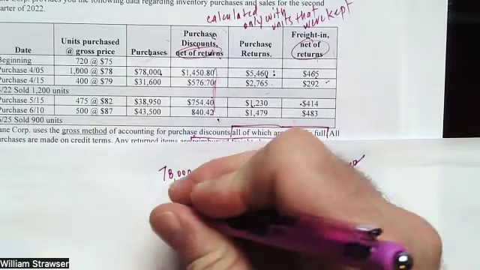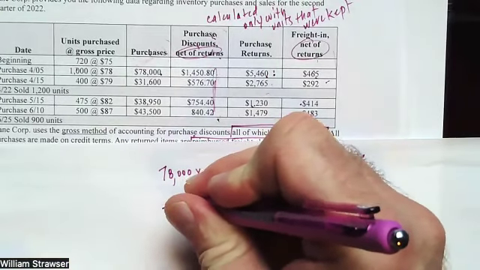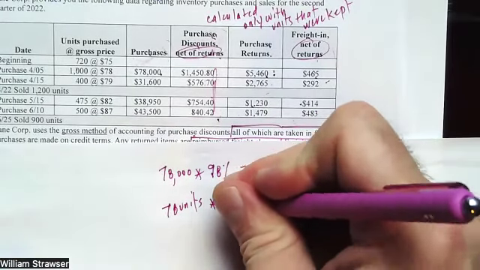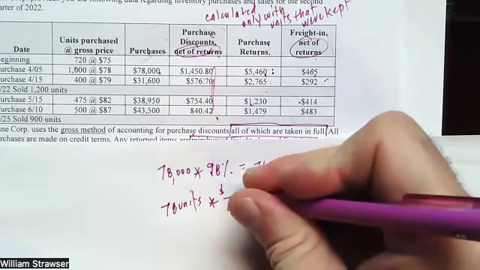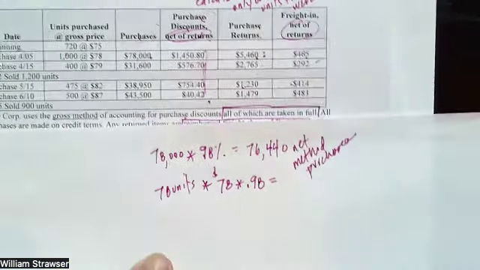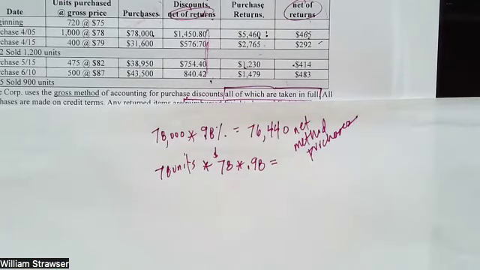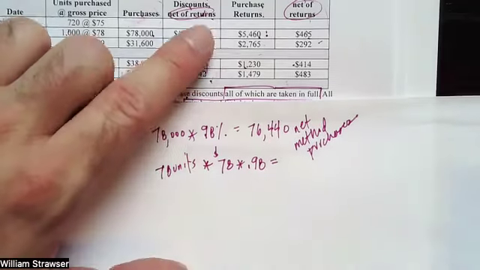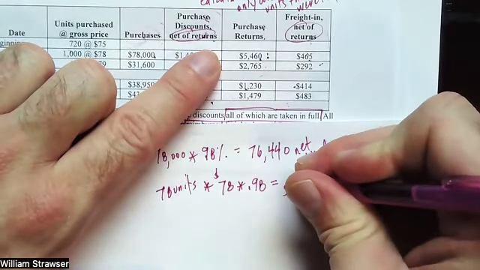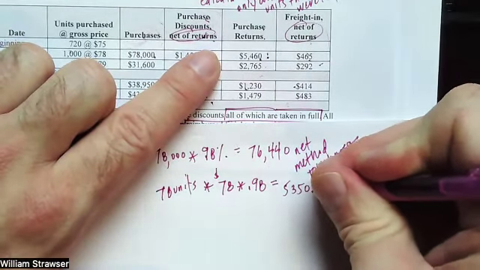It would be the 78 times the net of discount amount, which instead of 5,460 would be 5,350 and 80 cents.